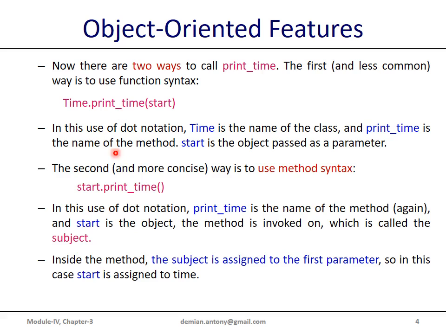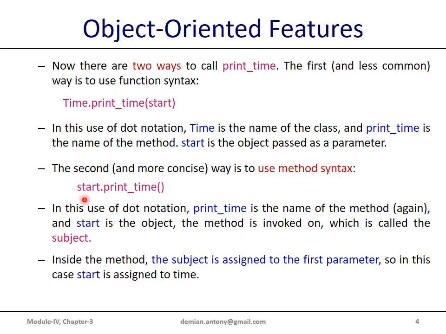And the second method is a very concise way of calling a function. Normally it is called the method syntax. It goes like this: it starts with the object dot the function, and we are not going to specify the object as a parameter here. The print function takes one parameter, an object parameter, but here we have an implicit object.